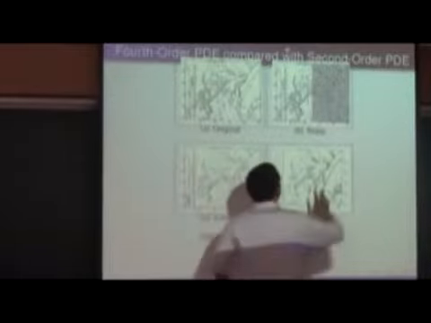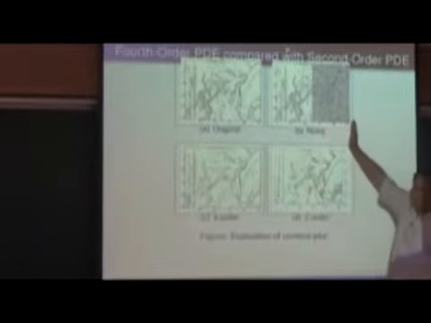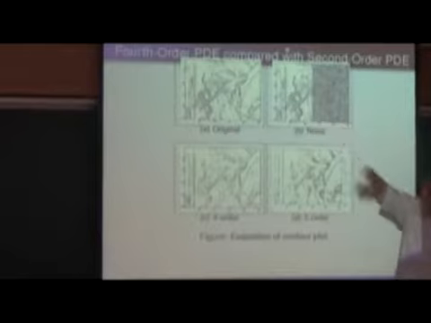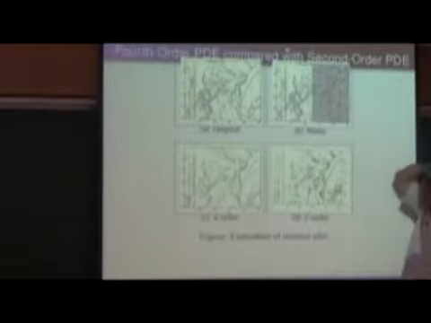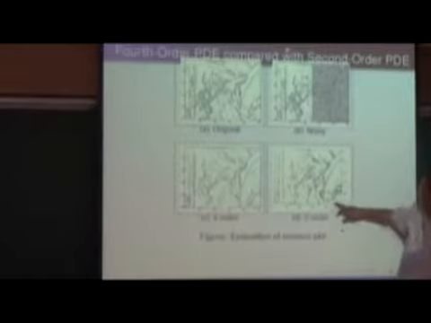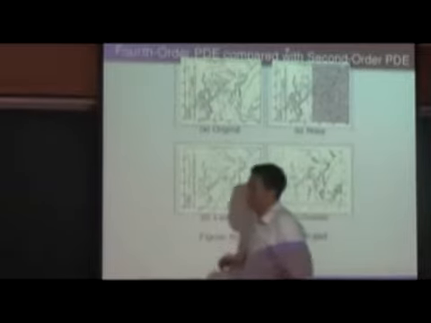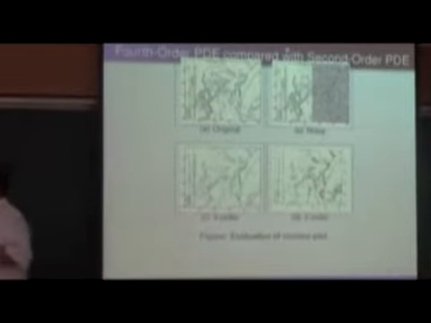Here you add noise only to the second half and plot the contours. If you add a little noise, the level curves are completely destroyed and become too oscillatory. If you use the fourth order, the level curves look more natural. Later I have one image, so maybe let's go to that image now.